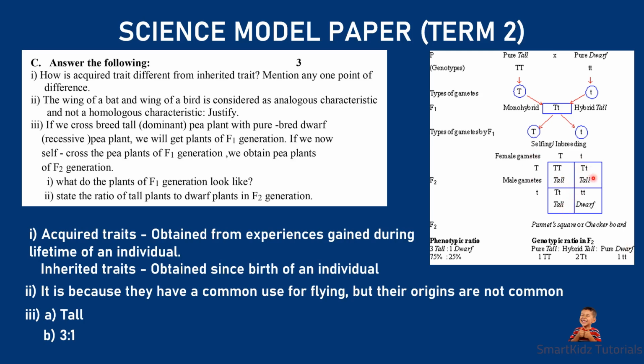Again, we get a capital T small t, which is a tall plant, and we get small t small t, a dwarf plant. Three of them are tall plants, and one of them is a dwarf plant, and that is why we have that 3:1 ratio. But this is in the second generation. In the first generation, we get only tall plants. So the answer to 3A is tall, and to 3B, it is 3:1 ratio. Okay.